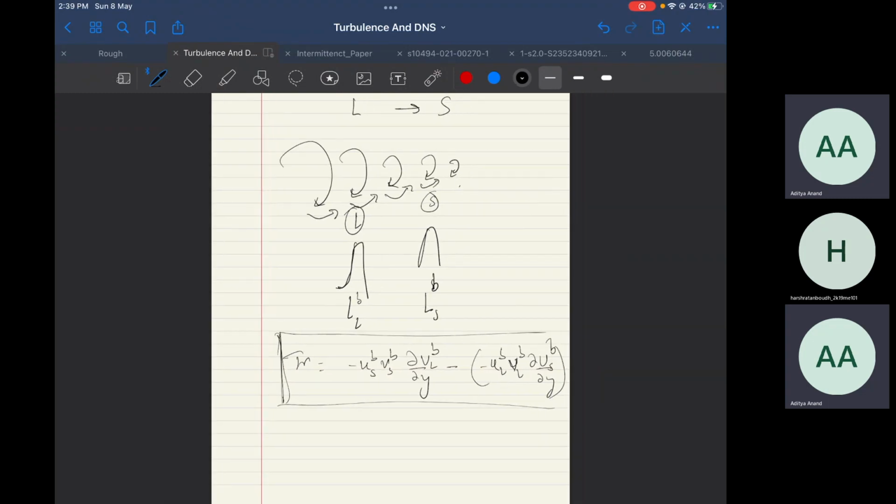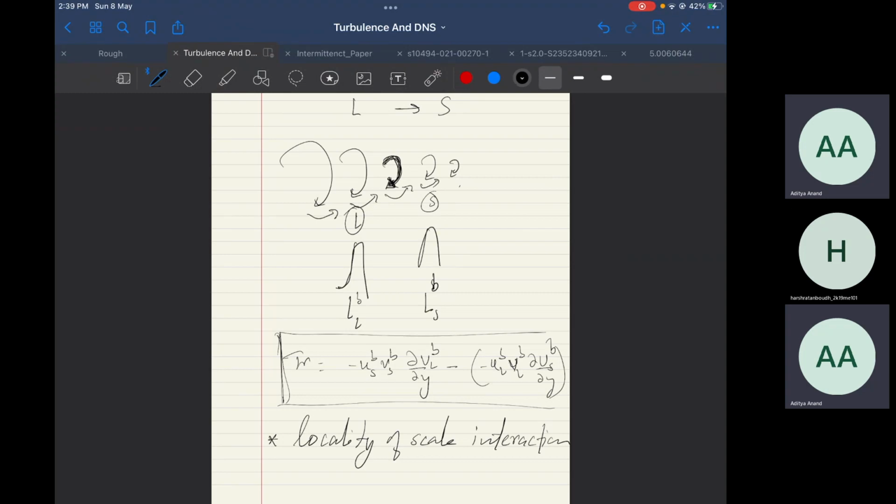Before I show you the results, I'll also mention that there is an assumption of locality of scale interactions in the cascade theory. The assumption of locality of scale interactions is that this scale will interact with scales that are local to this one.